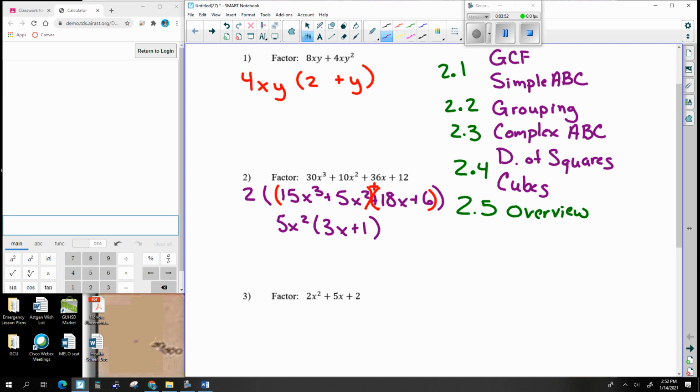And here I can take out a 6, which leaves a 3x and a 1. Then the 2 is outside. The remaining parentheses are the same thing, so that's good. This is a 5x squared with a 6, and the leftover is the 3x plus 1, which goes down to a singular multiple.